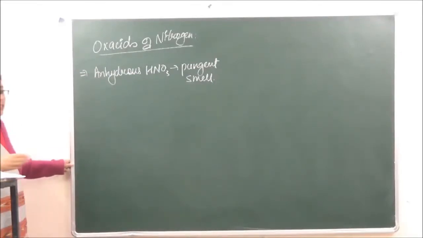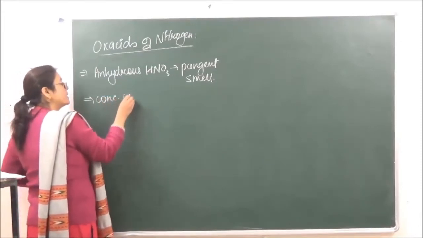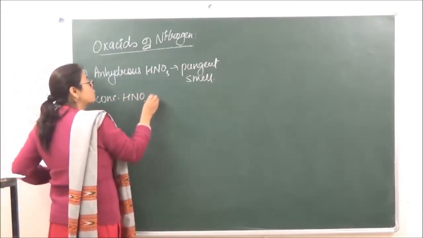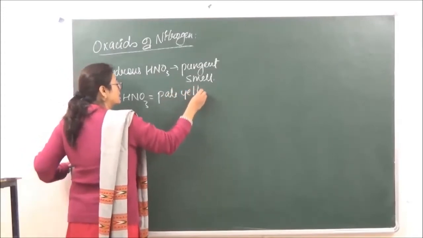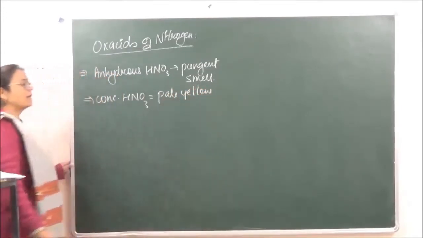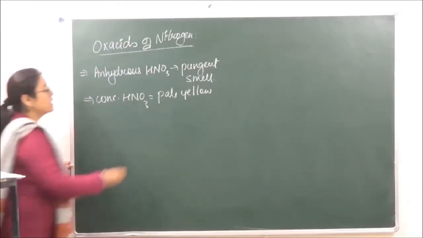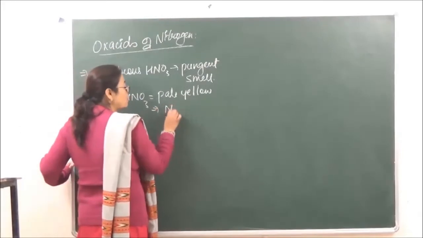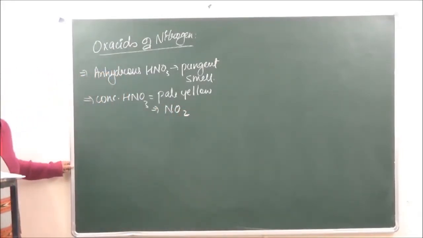Now concentrated nitric acid is going to be pale yellow in color, and this pale yellow color of nitric acid is due to the impurities of nitrogen dioxide which are going to be present. ठीक है?